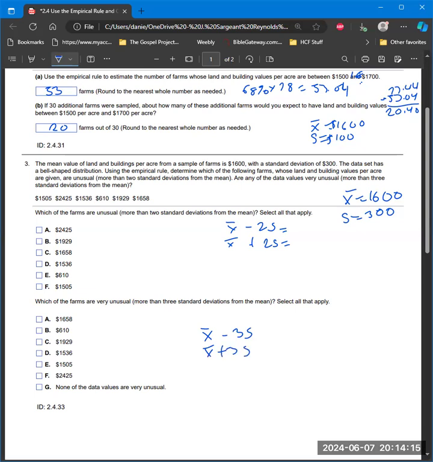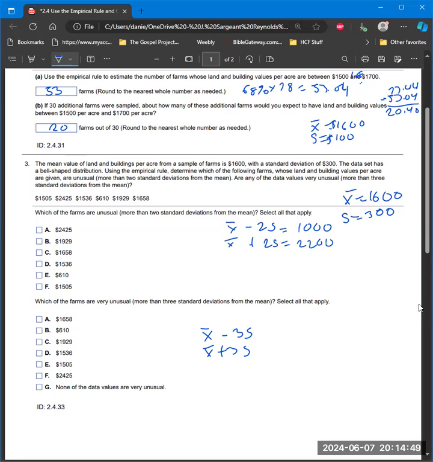Let's just figure that out with a calculator here. 1,600 plus 2 times 300 is going to be 2,200. Let's re-enter that, but change the plus to a minus, and we get 1,000. So everything between 1,000 and 2,200 is okay.